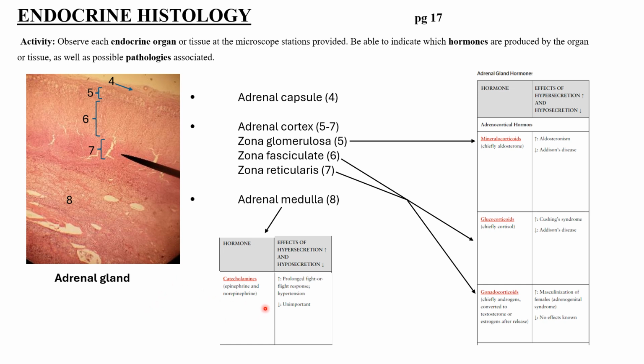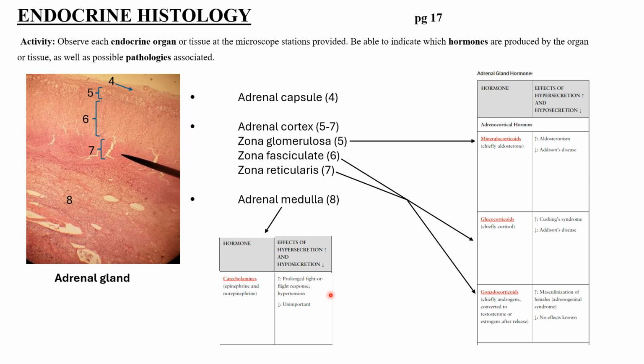So if there is too much epinephrine and norepinephrine, we get a response which we say is a prolonged fight or flight response, because these hormones increase in the blood when some person is in an emergency or a scary situation. That person decides either I have to run away or I have to fight back.